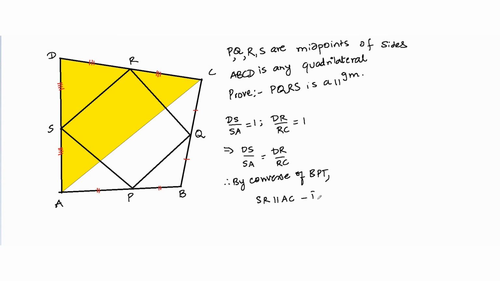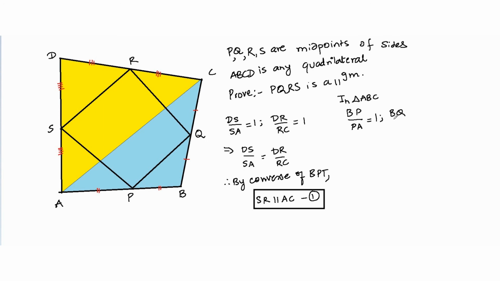So let us mark this as the first important result that we have got. Now let me take the other triangle where again I can apply converse of BPT, and that happens to be the triangle ABC. In triangle ABC, I again have BP upon PA equal to 1.